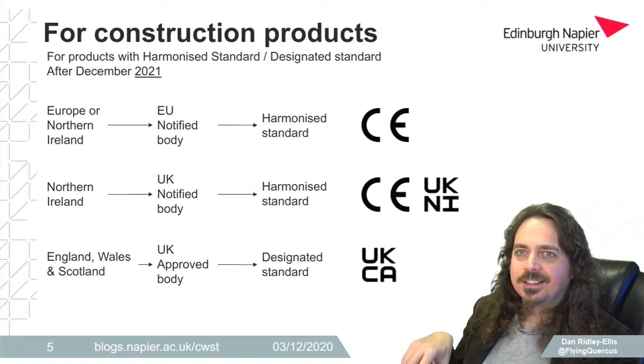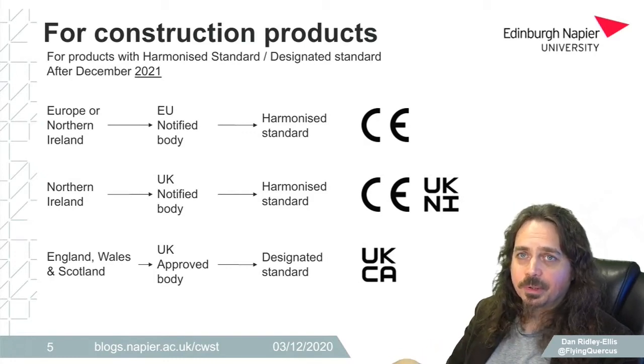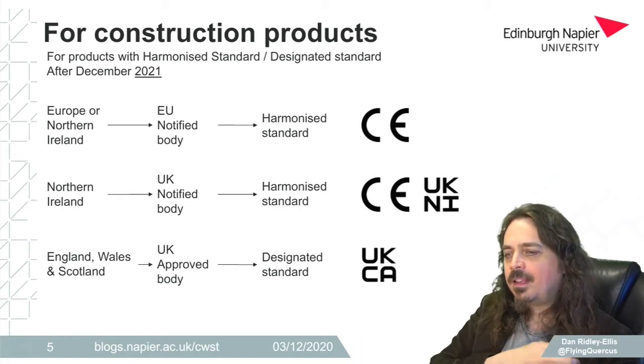So that shouldn't create too many problems, and you will be able to dual mark your product for sale on the UK market and onto the European market, or to do the same process and market one or the other for the different markets.